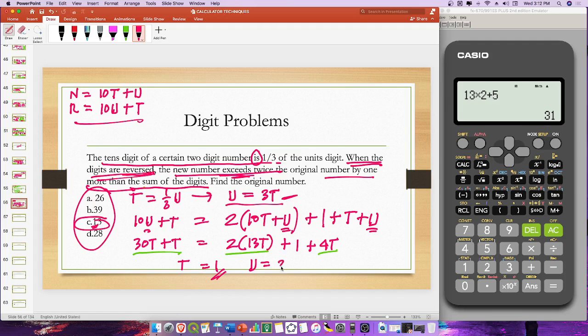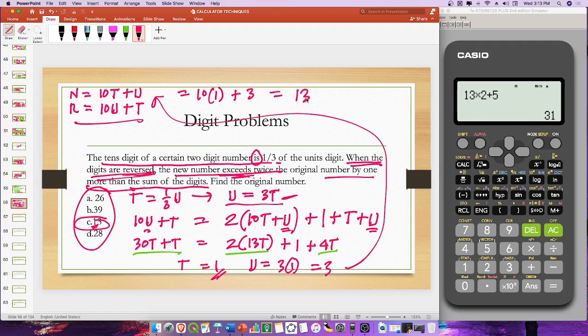So that's 3 times t, that is 3. So let's go back to the original number. The original number is 10 times t, which is 1, plus the unit digit, which is 3, which is equal to 13. That's how you solve using mathematical equation.